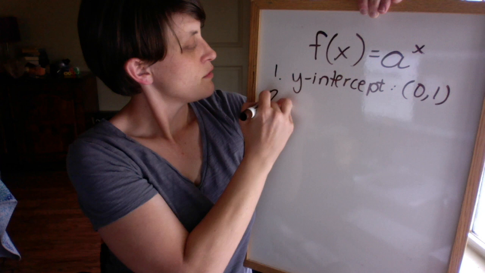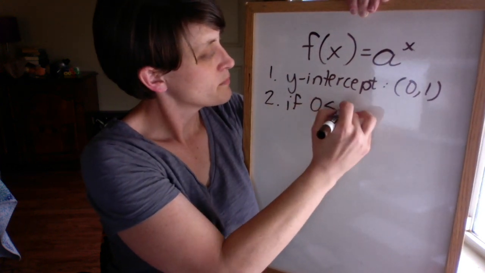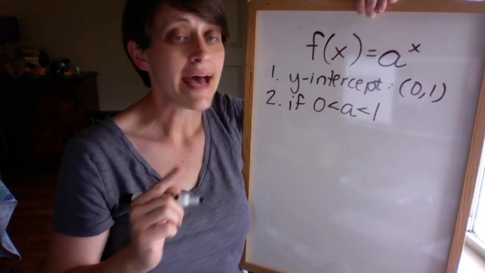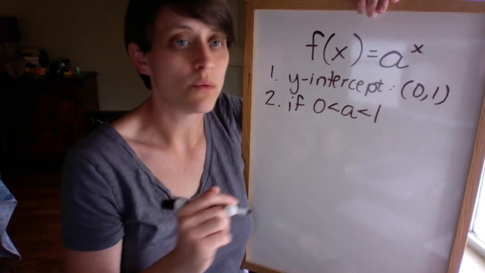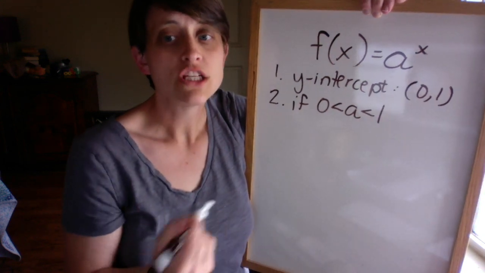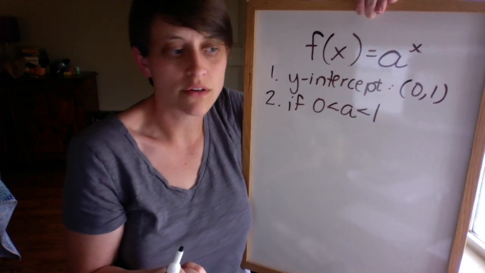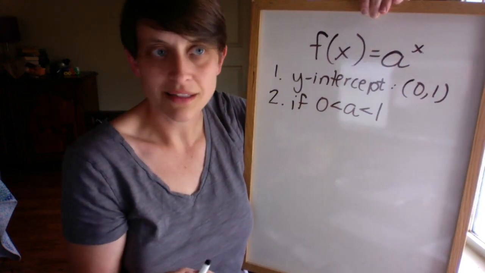All right, now, remember we said we had two possibilities for a. A has to be positive and it cannot equal 1. So one possibility is that a is between 0 and 1. So it's a fraction less than 1, like 1/2, 1/3, 2/3, 5/6, something like that.